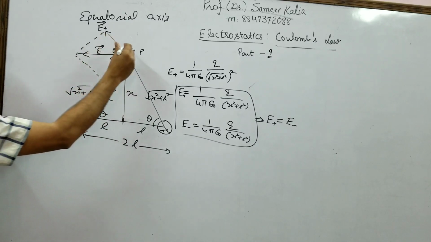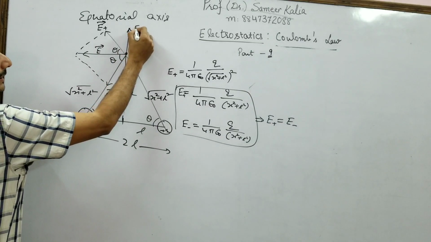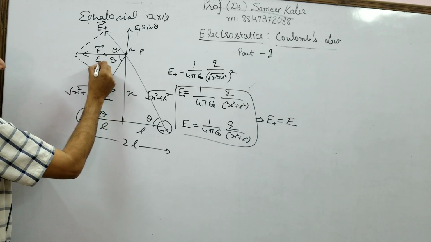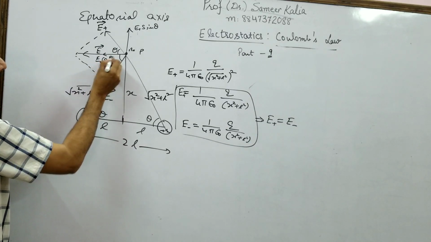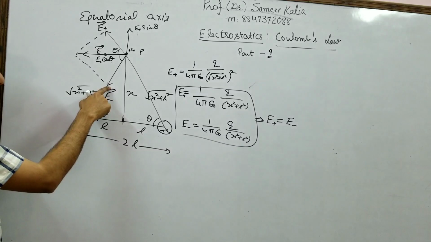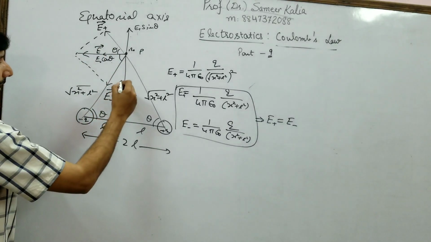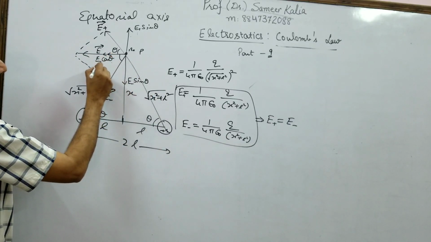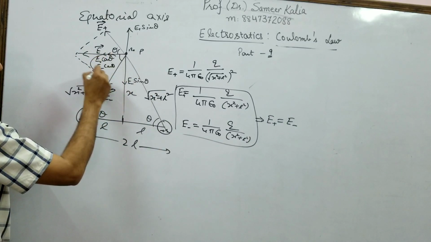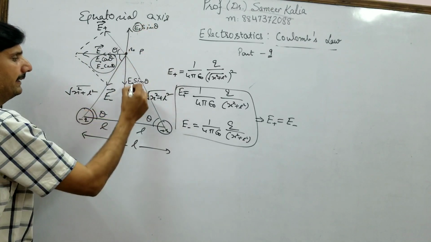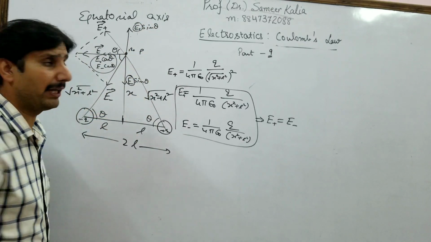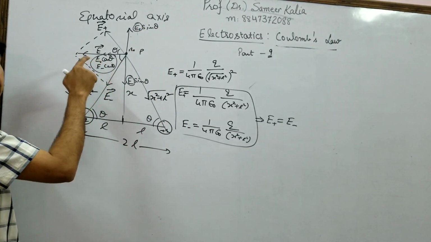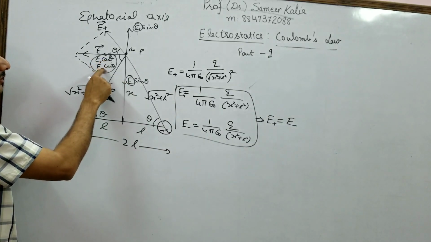I can resolve E plus into two components. This will be E plus sine theta, and in this direction I will have E plus cos theta. Similarly, on resolving E negative into its rectangular components, I will have E negative sine theta, and in this direction again E negative cos theta. Since E plus and E minus are equal in magnitude, these sine components get cancelled out, and the resultant electric field is equal to the sum of the other two.